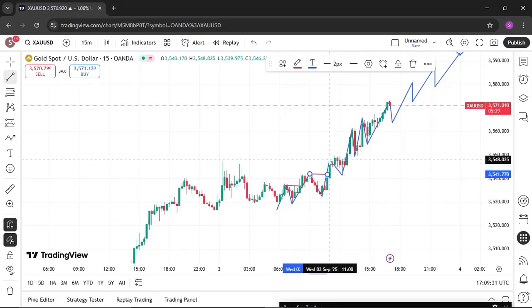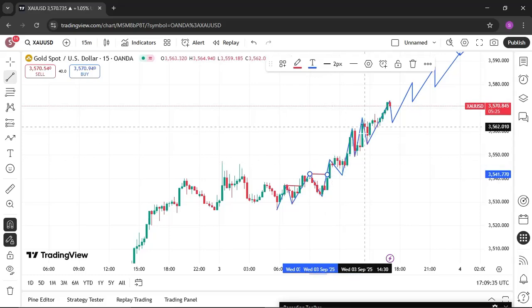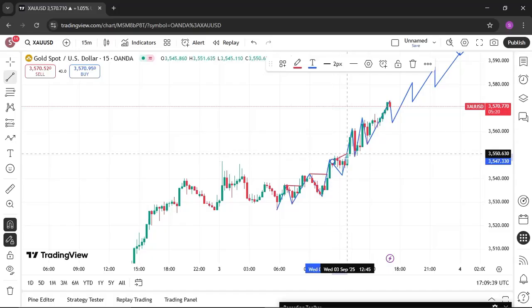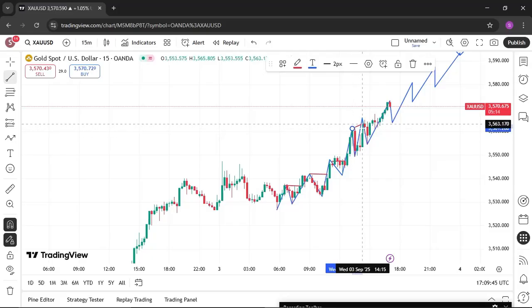Now the same thing, when market reached this point, instead of moving upward, it comes back to this point. So this is another break of structure. This is another break of structure.